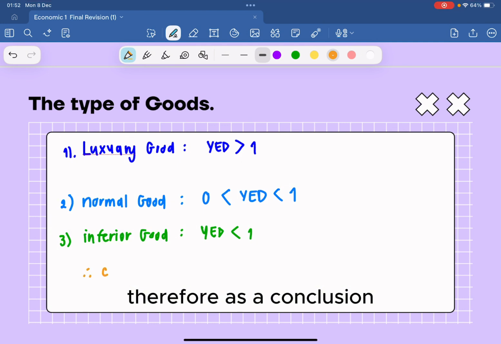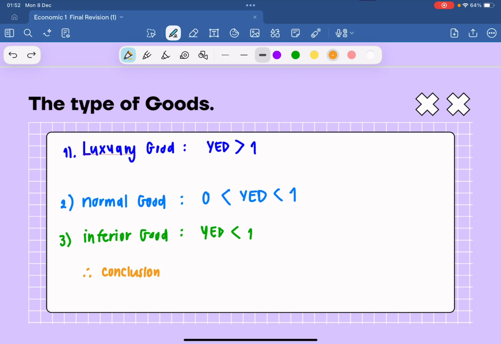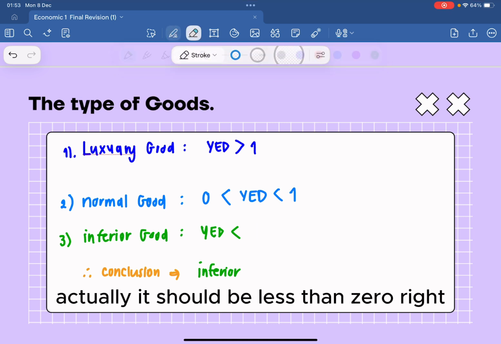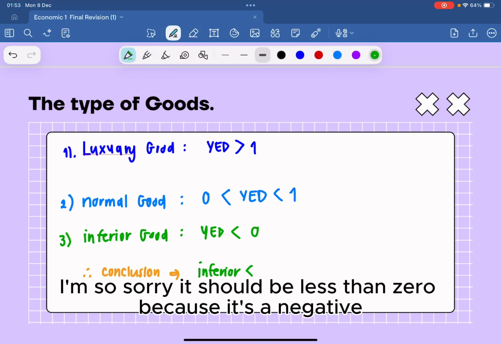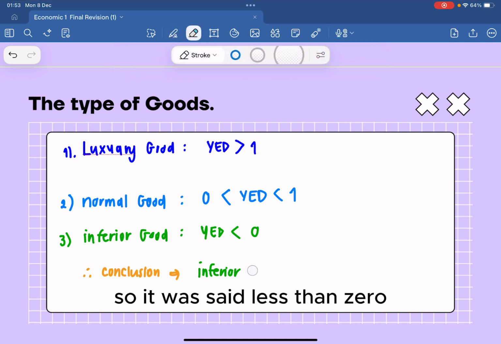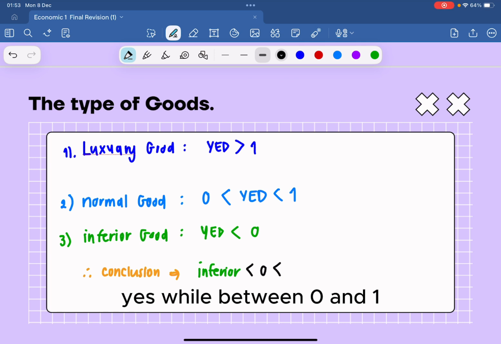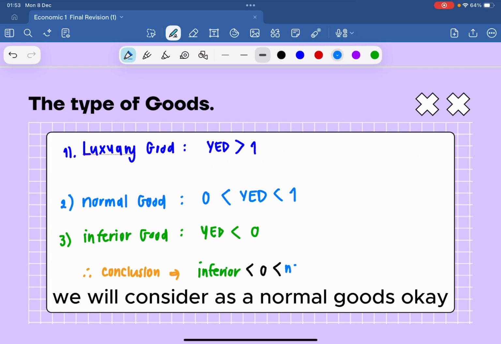Therefore, as a conclusion, we could say that our inferior YED score must be 1. Actually, it should be less than 0, right? I'm so sorry. It should be less than 0 because it's a negative. So we will set less than 0. Okay. Less than 0. Yes. While between 0 and 1, we will consider as normal goods.